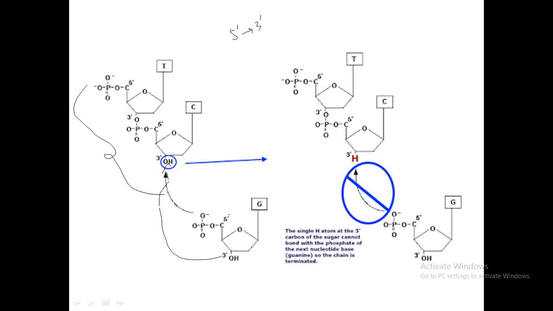So this 3 prime OH helps the recruitment of the further bases that are coming and attaching to this DNA molecule and further elongating it. If the O of the OH group located in the 3 prime region is replaced, and there is only a single hydrogen atom present at this 3 prime carbon of the sugar, then the incoming base won't be able to attack here, and won't be able to form a phosphodiester bond.